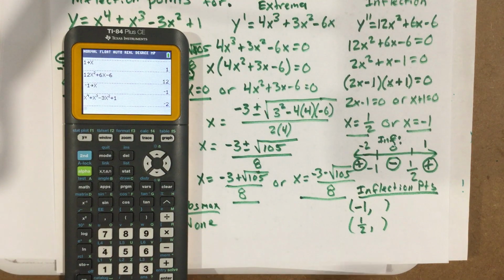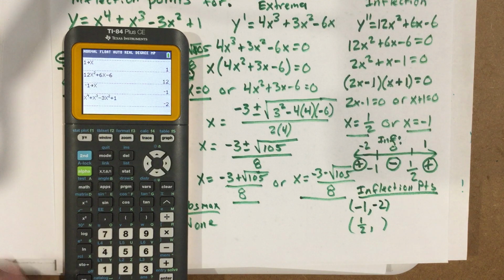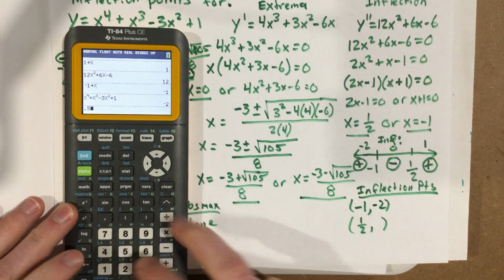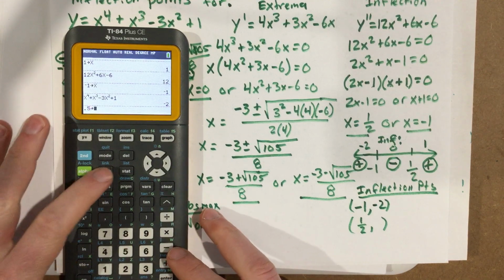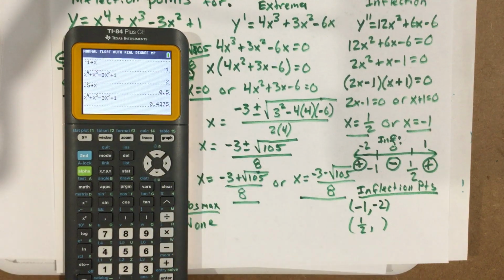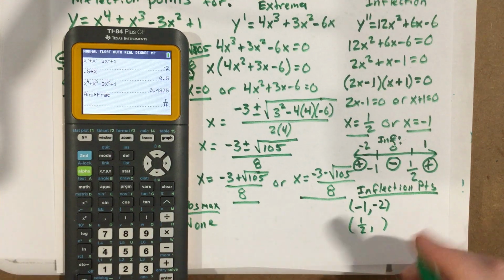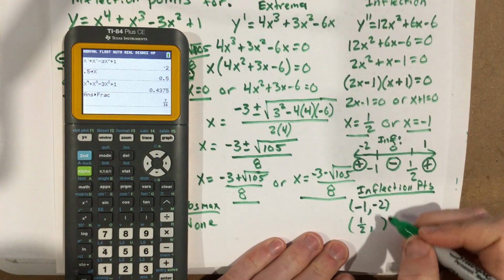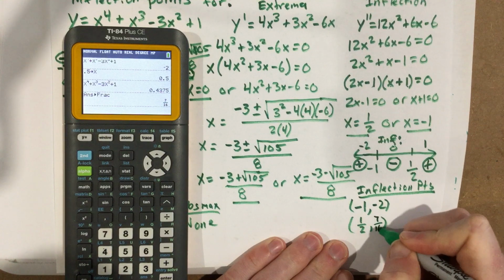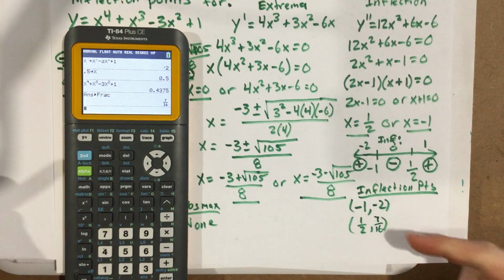That gives me -2 for a y value. So one of my inflections is -1, -2. Now I'm going to store 0.5 as x. Go back up, grab this. And I get, let's do that math of fraction here, 7/16. And there are my inflection points.